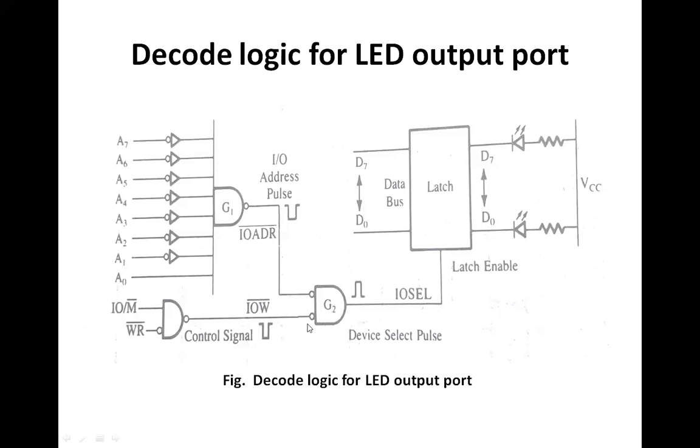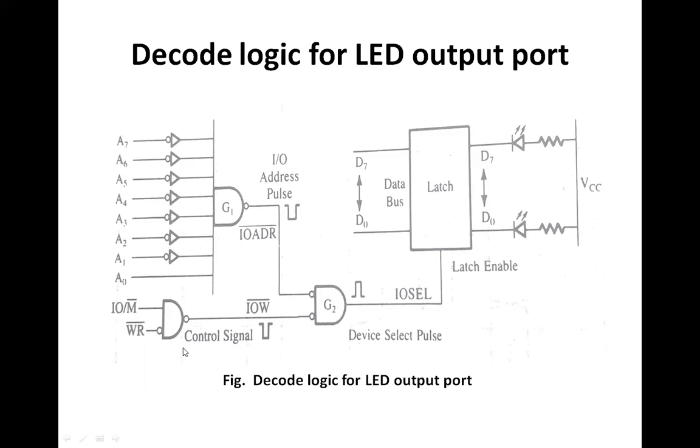That is why partial decoding is said to be more economical than absolute decoding. But in every case, we cannot use partial decoding, and that is why it is used in a very small system. But normally we use absolute decoding.